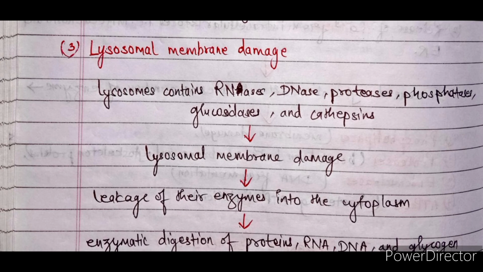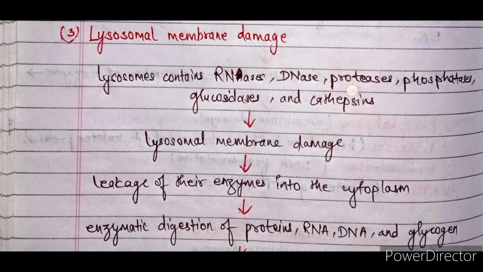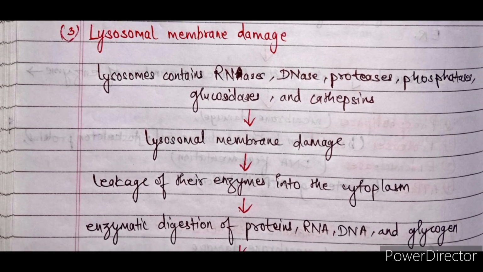Now let's see lysosomal membrane damage. Lysosomes contain enzymes such as RNase, DNase, proteases, phosphatases, glucosidases and cathepsins.